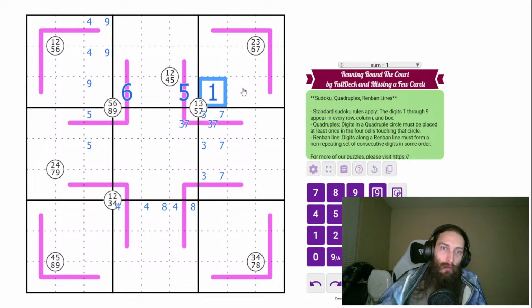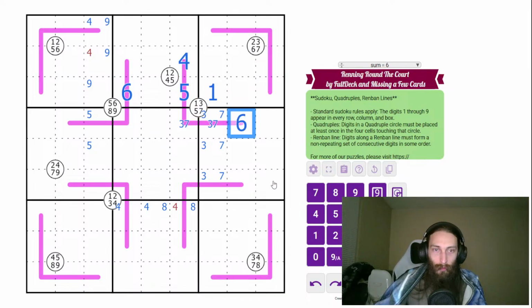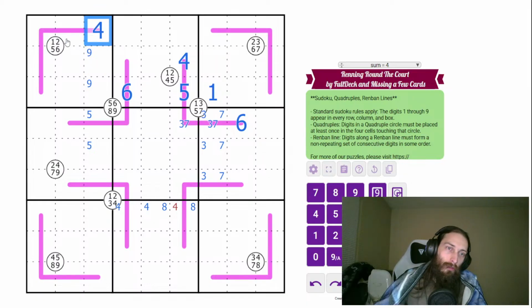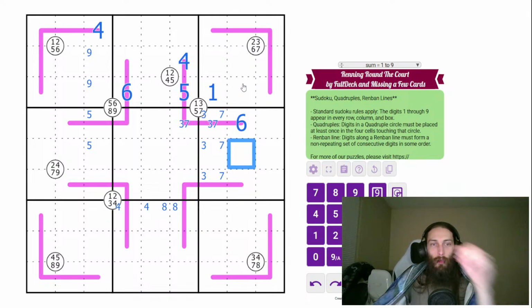And 7 and 3 would be the extremes, yeah, because we've got 4 and 6 here. And this 6 sees 4, placing the 6. 4, placing 4. Four is gone from there. Okay.